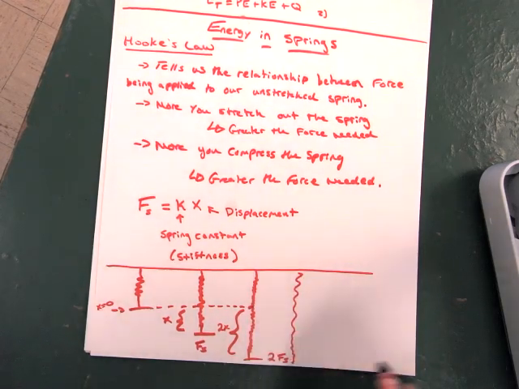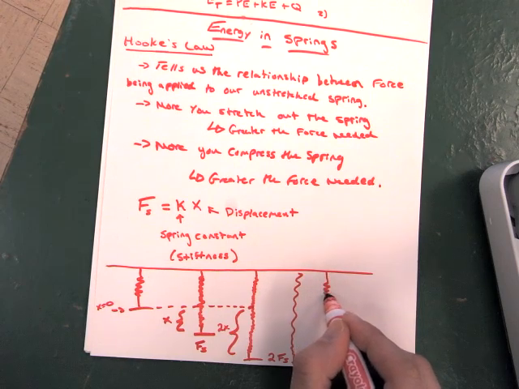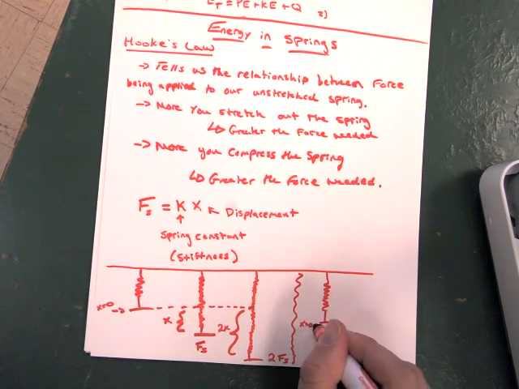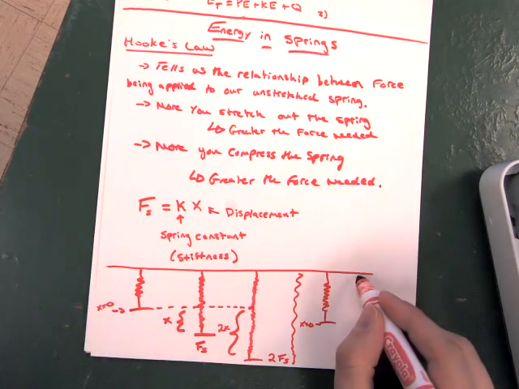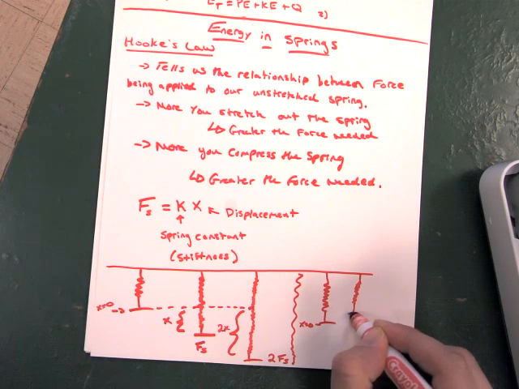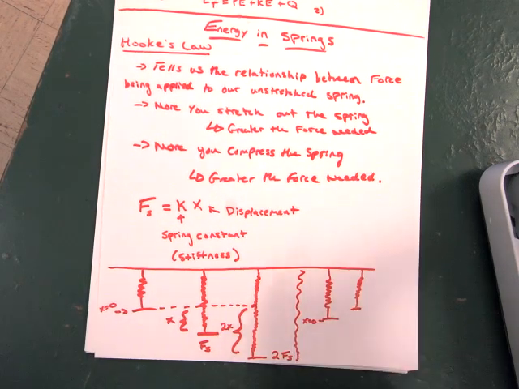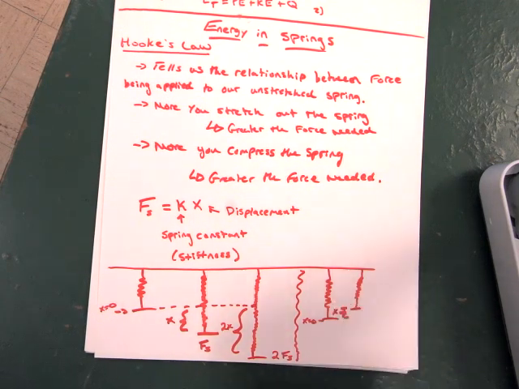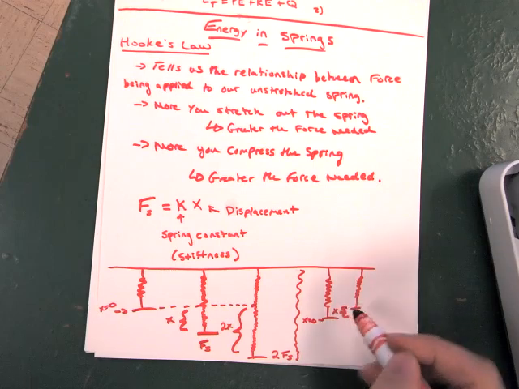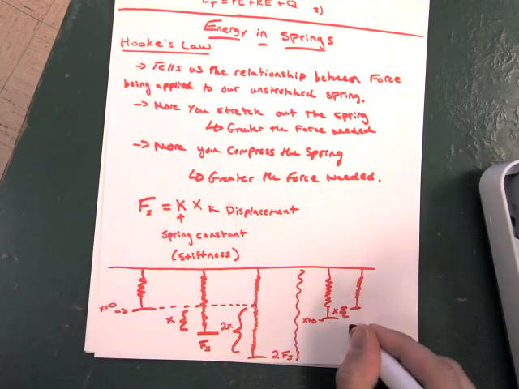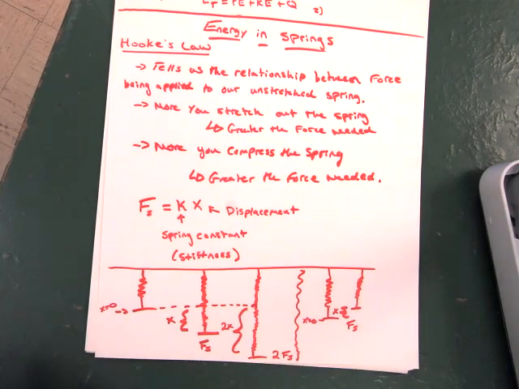Let's do a picture of it being compressed. Here's my spring. This right here is going to be considered equilibrium. We'll say I compress the spring, so I push it together, and now our spring top goes here. This right here, that is your X. That's how much it was compressed, the displacement from where it started. To do that, you're going to need some force Fs.